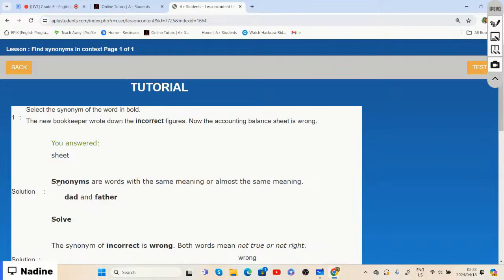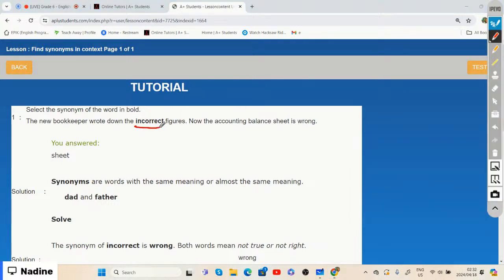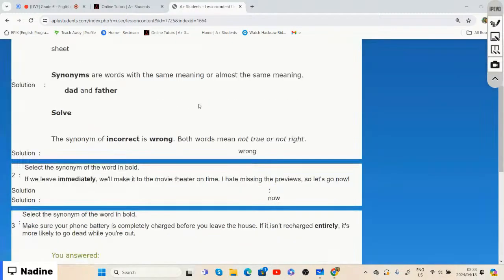All right. And if we look at the word in the next sentence that means the same as incorrect, then we can say it is wrong. And of course, that is one that we did already. So that was basically just some form of repeat.